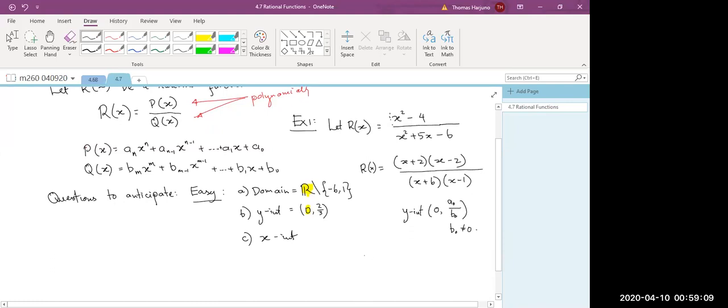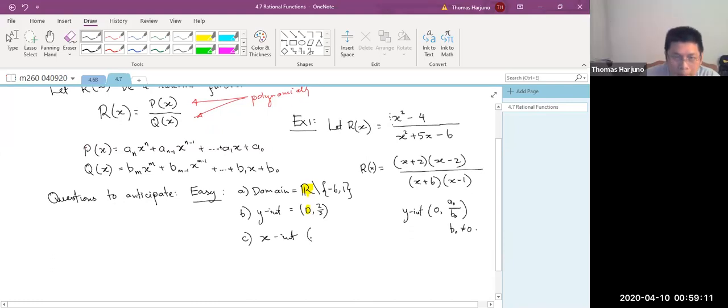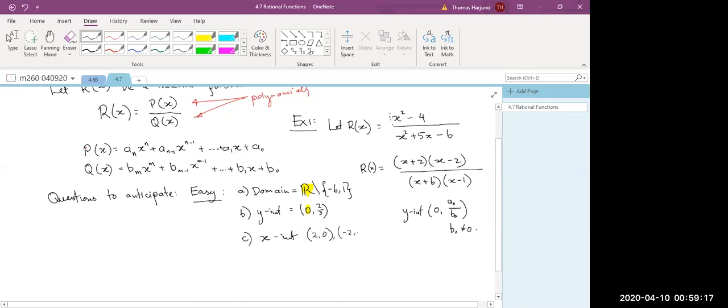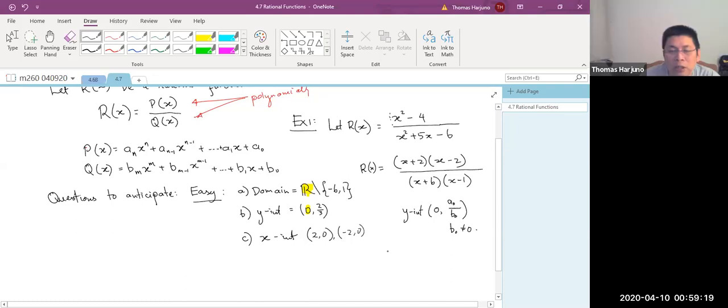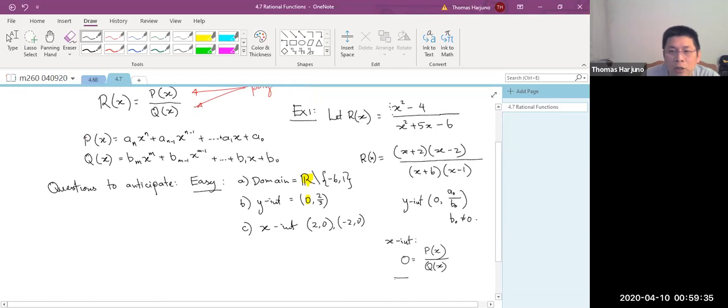±2. Almost right. Is it (2, 0)? (-2, 0). Now, you will see that for the x-intercept, basically we set R(x) equal to 0, which is P(x) over Q(x). Now, a fraction equals 0 if the numerator is 0.